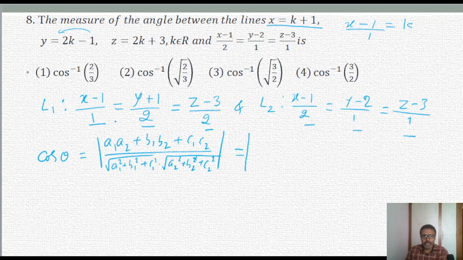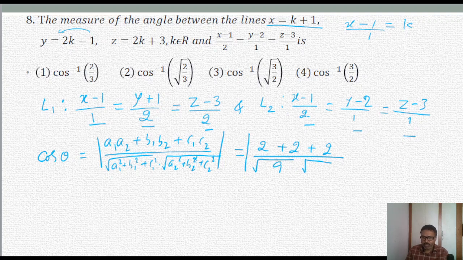Now A1 is 1, A2 is 2, 1 into 2 is 2, plus again 2 into 1 is 2, the whole divided by root of A1 square: 1 square is 1, 2 square is 4, again 2 square is 4, 4 plus 1, 9. This is how you should write quickly when you sit in the examination hall.